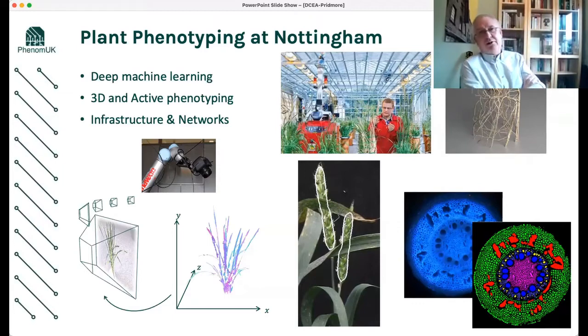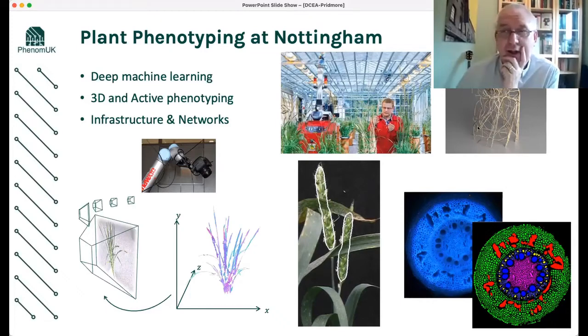So at Nottingham, we've developed a number of different systems, and there are a number of pictures of them on this slide. Our themes at the moment are deep machine learning, largely for feature detection and segmentation.